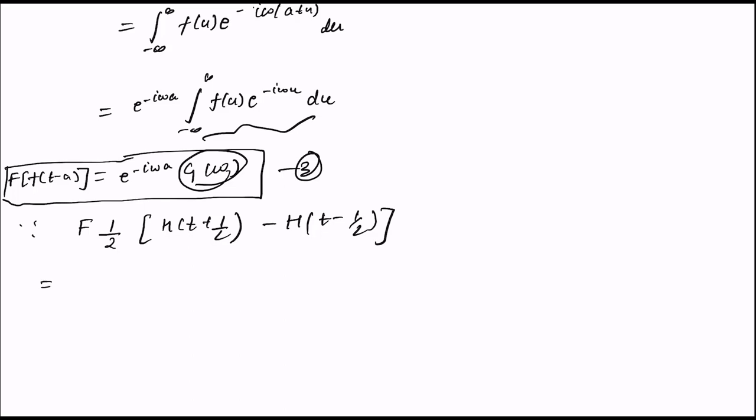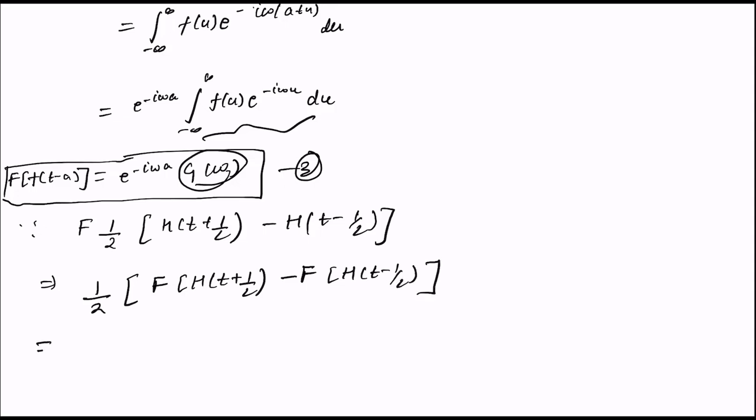We can use this shifting property, so it will become the Fourier transform of h of t plus half minus the Fourier transform of h of t minus half, so it will become half times e to the power i omega by 2 times minus 2i by omega.